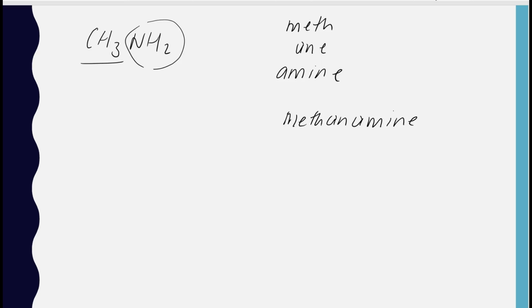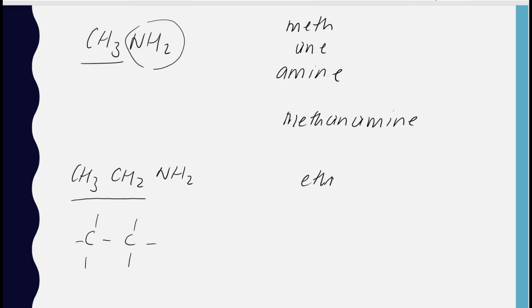For that one. Let's look at another one: CH3CH2NH2. Looking at this one, we have a 2-carbon chain, so it's an eth group. If we were to draw that out and put in our hydrogens, you can see they are all single bonds, so it's an ane group.